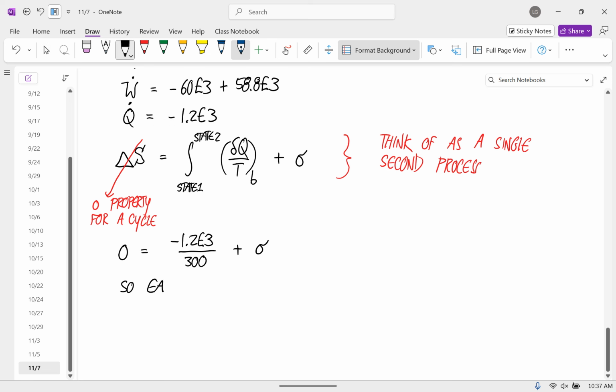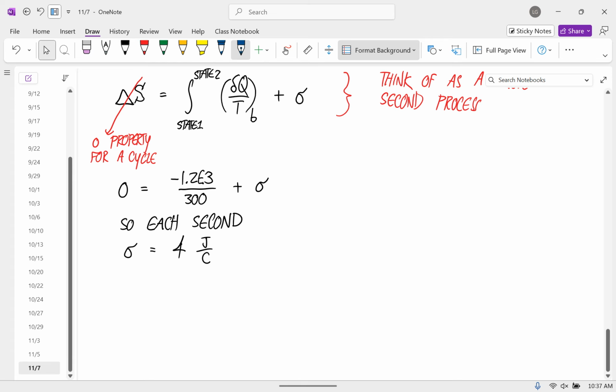So each second we have a sigma equal to, what does that divide out to? 4 joules per Kelvin. And so sigma dot is 4 watts per Kelvin. This should have been Kelvin, not Coulomb.